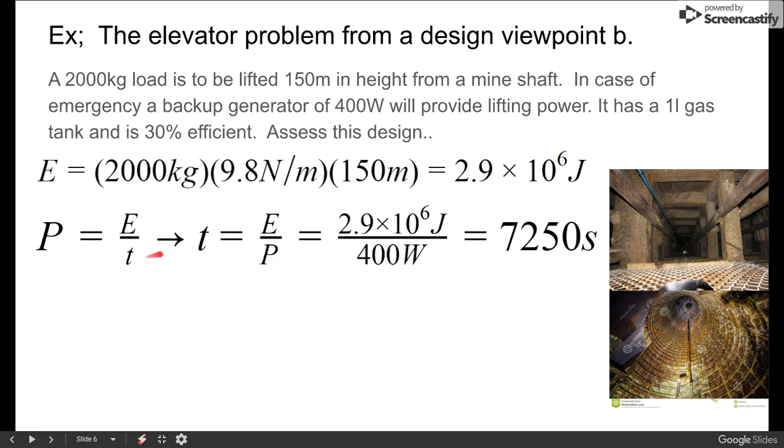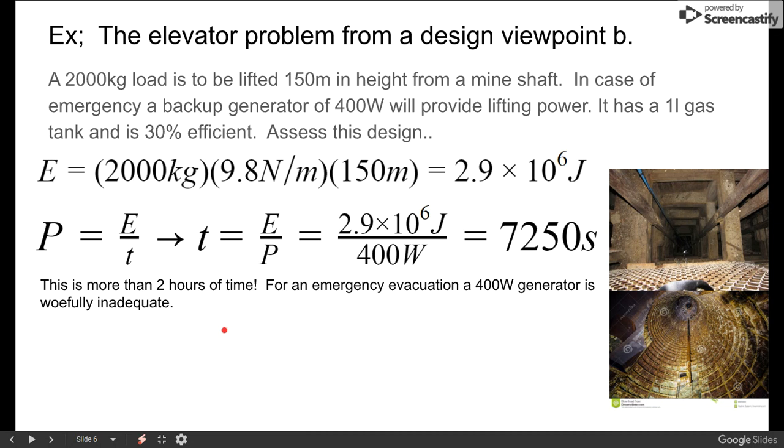Power is energy over time, so time is energy over power. That's like saying you want to earn $3 million and I'm paying you $400 a second. How long is this going to take? So 3 million joules at 400 joules per second gives us 7,250 seconds on that generator.